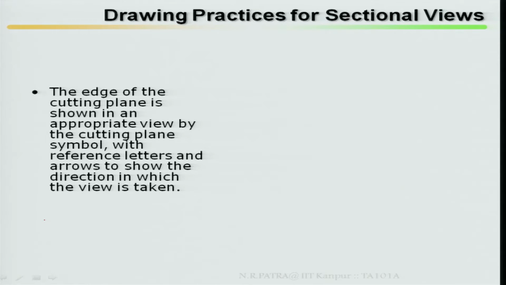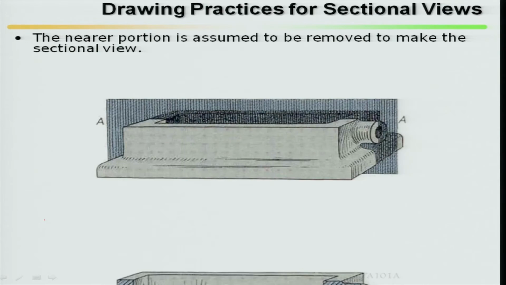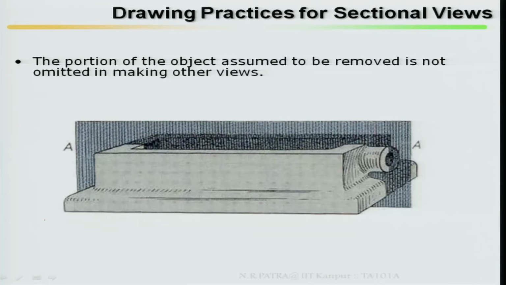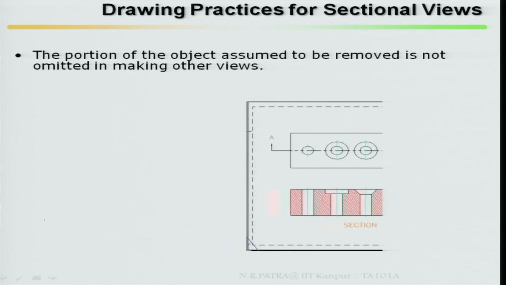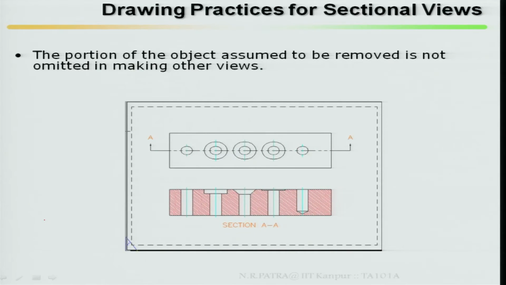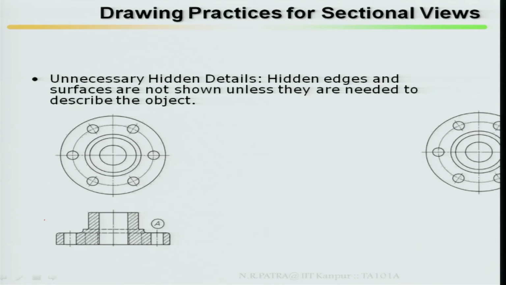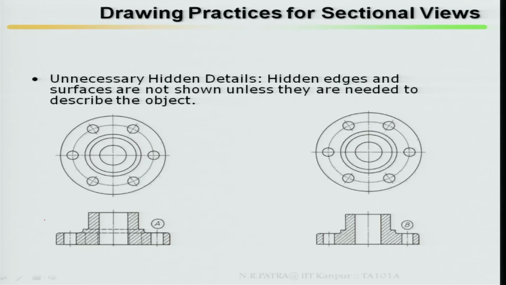This part also I have completed, drawing practice for sectional view. Just for a preview of what I completed last class. Now, if you look at here, hidden edges and surfaces are not shown unless required.